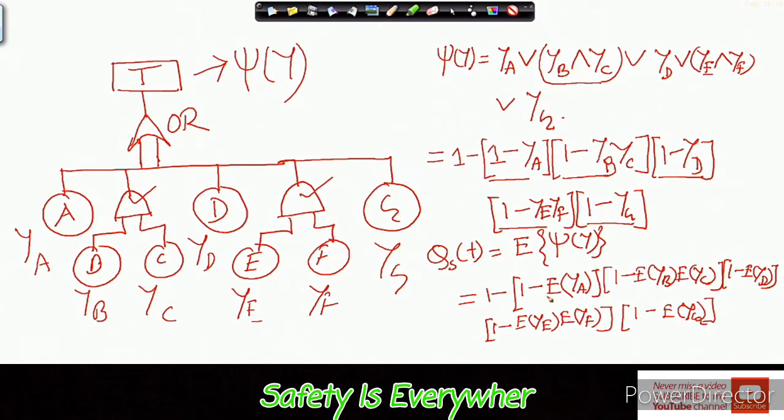The expected values of ya, yb, yc and so on are nothing but the probabilities given in the question.